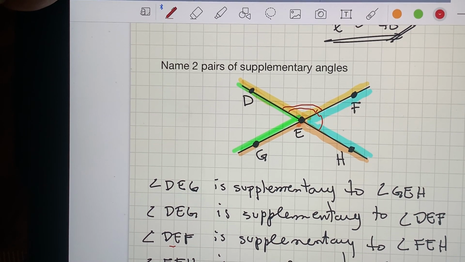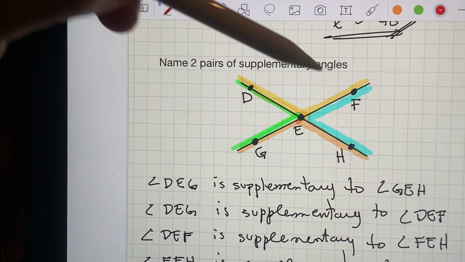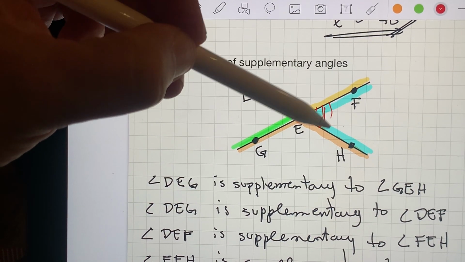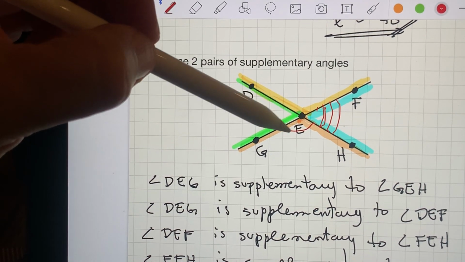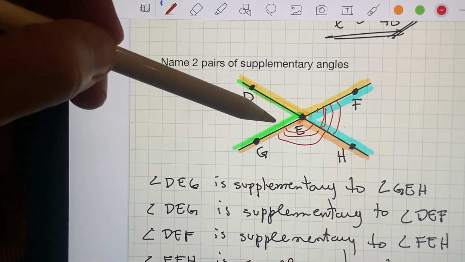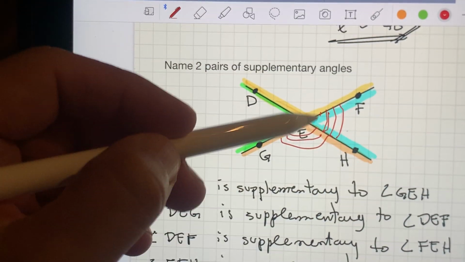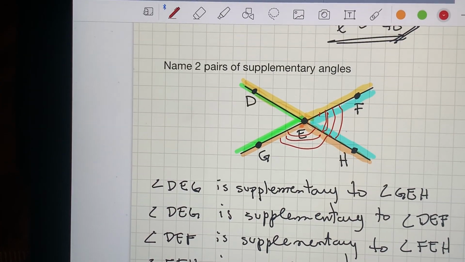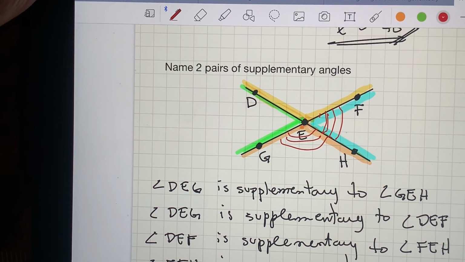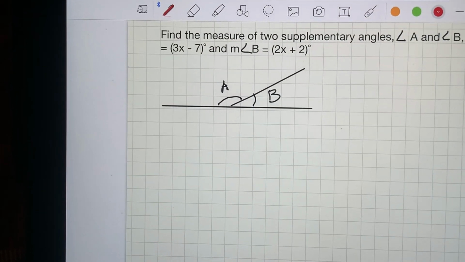And then we have that FEH, this one here, is supplementary to this one. And then again, you see 180 degrees. So as long as they are adjacent and they're supplementary, they will always add to 180 degrees. And that's what you need to keep in mind, okay? So with that said, let's go to the next exercise.